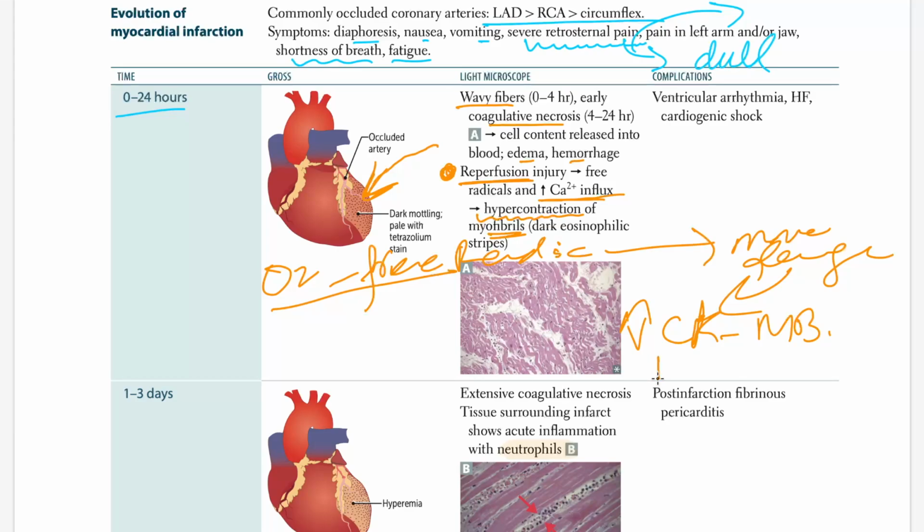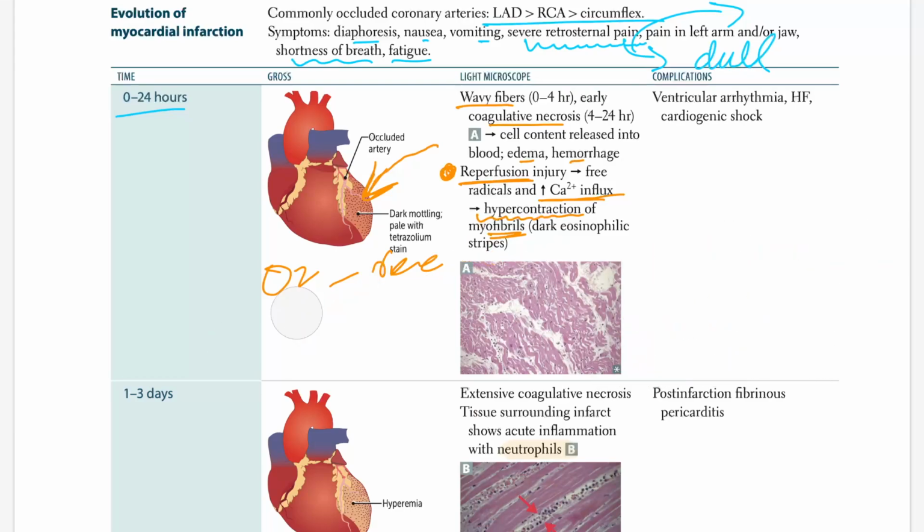Why not troponin? Because troponin is already high, and we will see how troponin and CK are different. Troponin will also come out, but it was already high because of MI. So oxygen will return, and that causes free radical injury. Not only does oxygen come back with the blood, but also calcium.